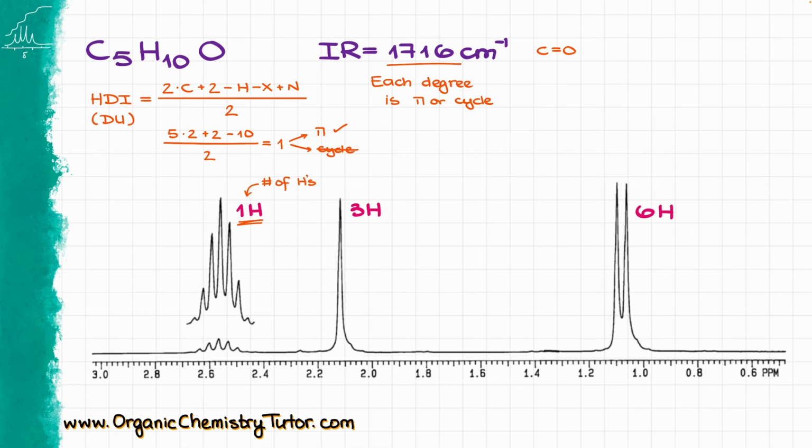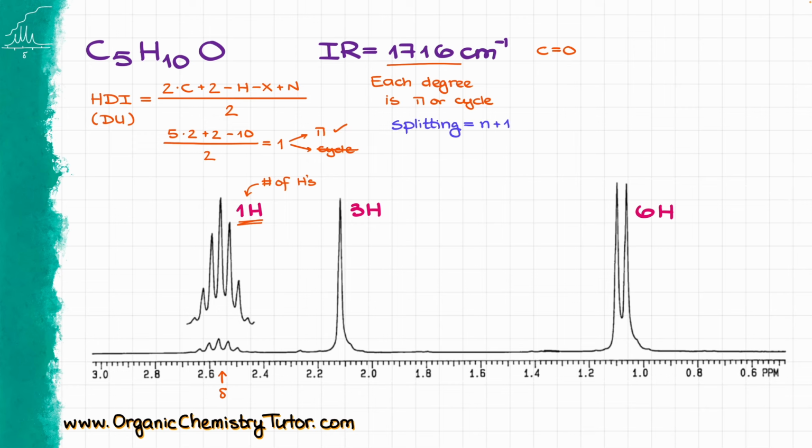The next piece of information is going to be our chemical shift, which is expressed in ppm, and we abbreviate it with the Greek letter delta. That tells us something about the chemical environment of those protons, whether they are shielded, de-shielded, and what might be located next to them. And finally, another piece of information that we are going to get out of our spectrum is the splitting pattern or multiplicity.